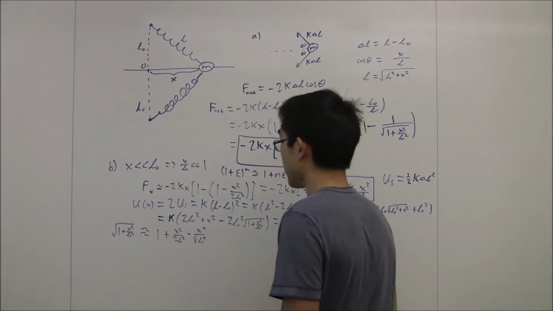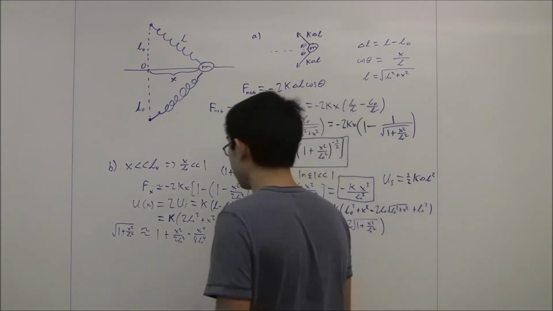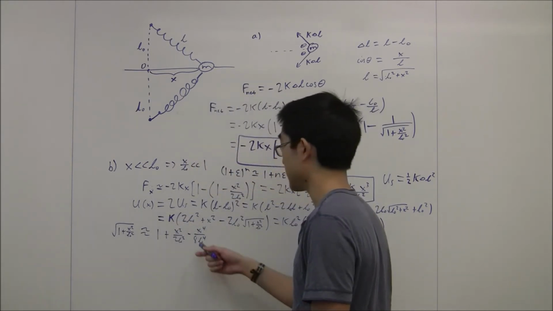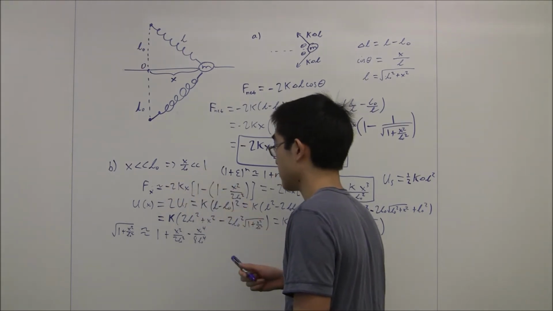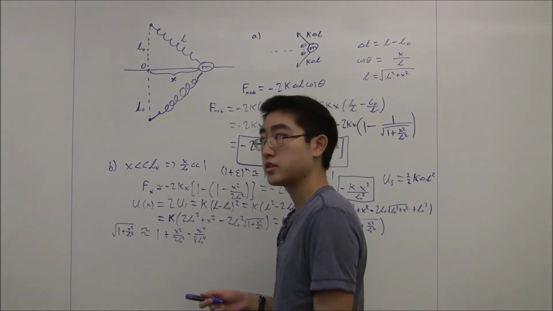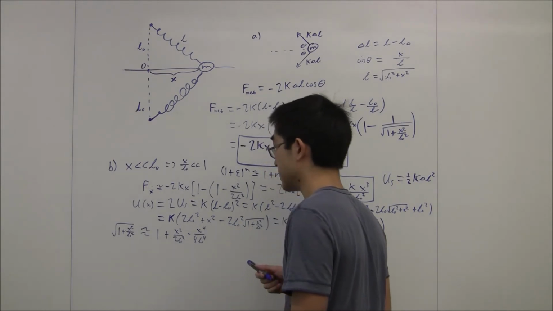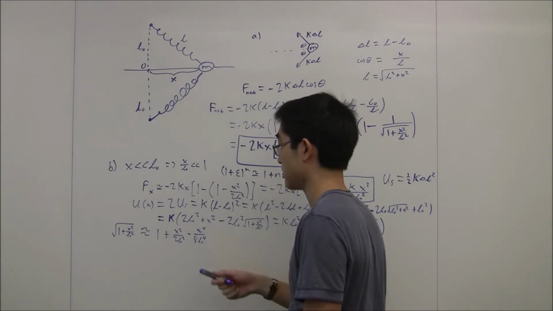And we're going to ignore the higher order terms since they quickly disappear because x over L naught is much, much less than 1. So x over L naught to the nth power quickly disappears for higher orders of n.